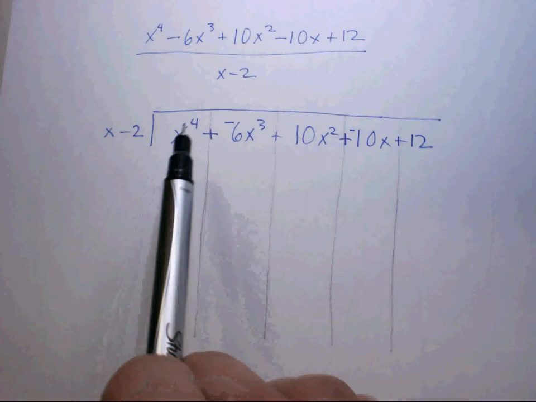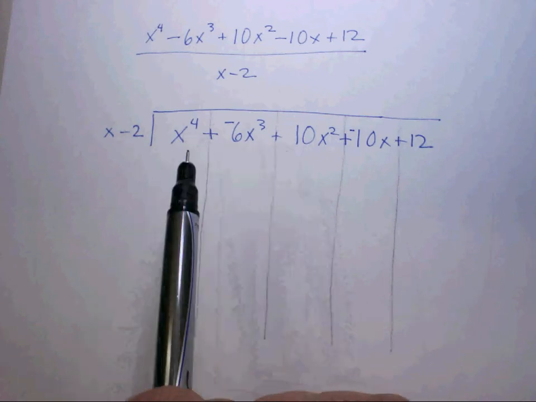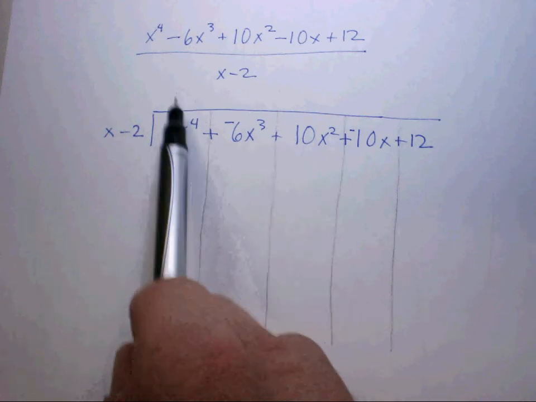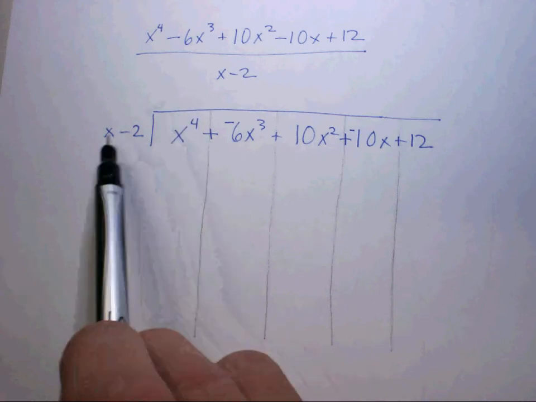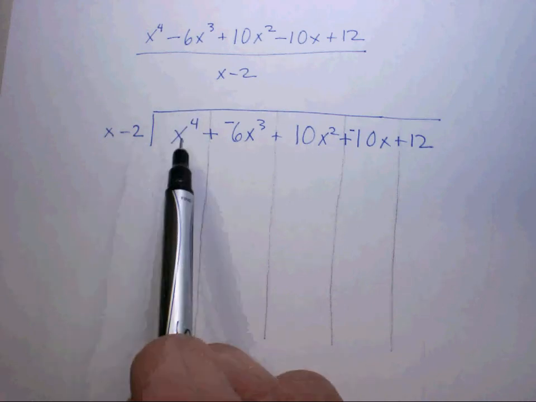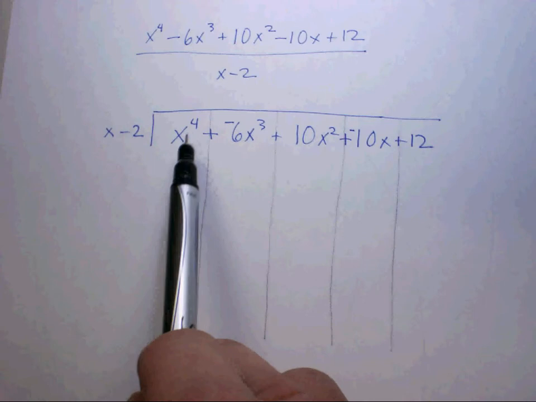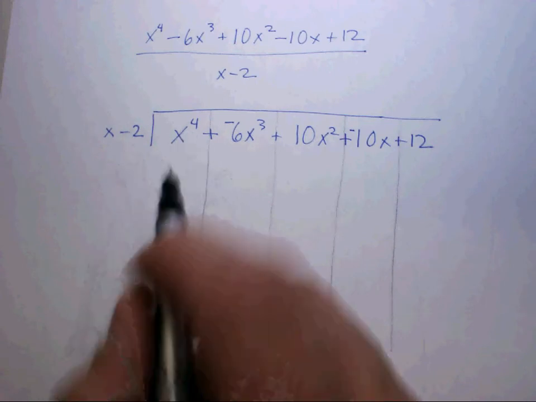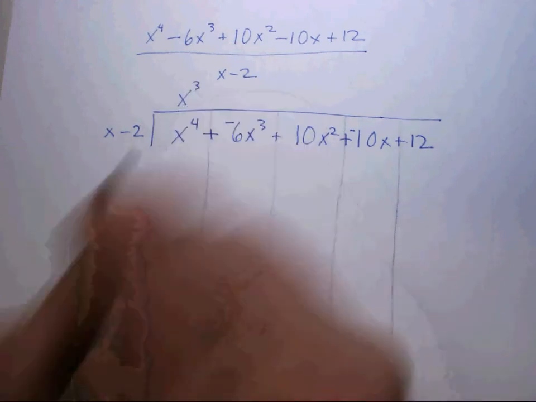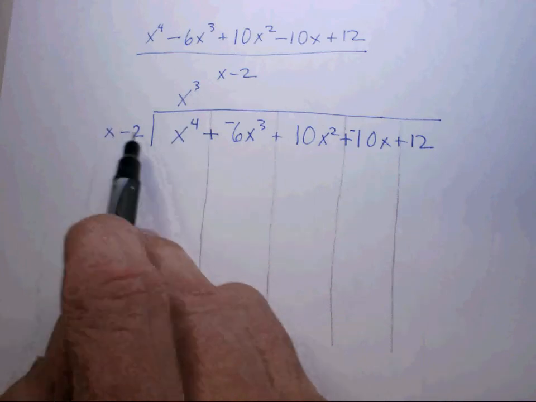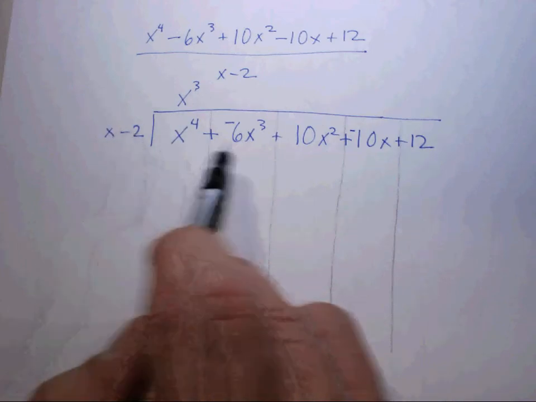Now let's go ahead and start our long division. The way long division works is similar, like I mentioned, to long division of regular numbers. I start with this space up here and I ask myself, what times x will give me x to the fourth? And the answer is x cubed.